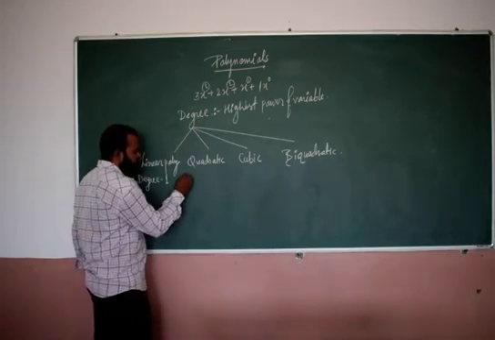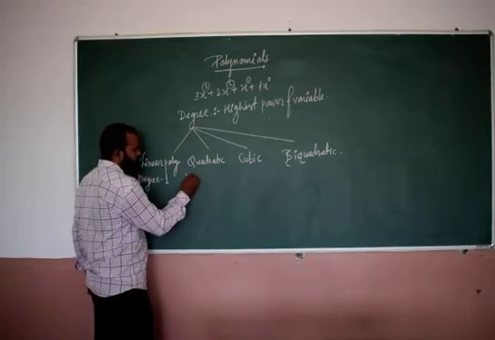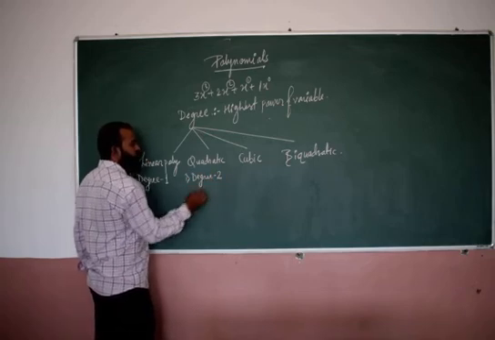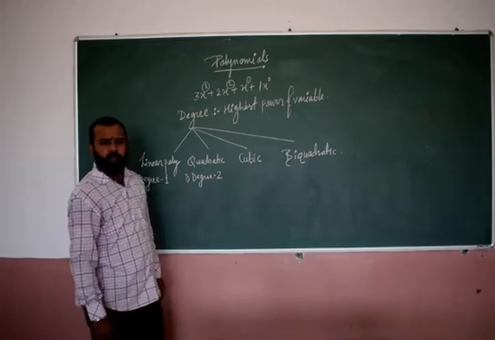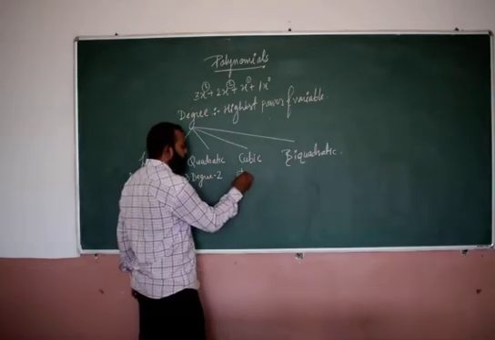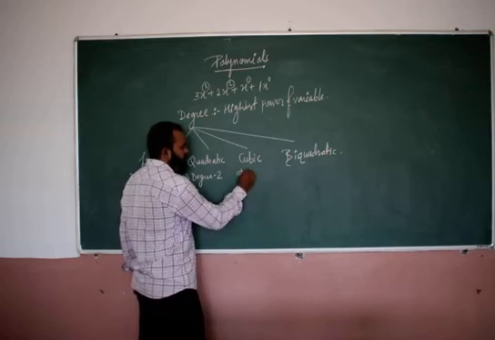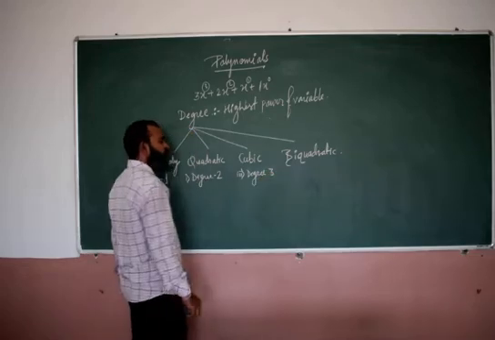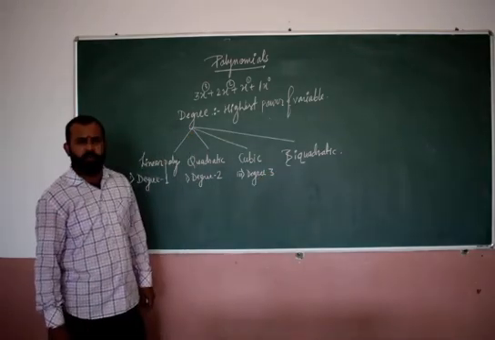Here the polynomial having degree 2 is called a quadratic polynomial. Third, the polynomial having degree 3 is called a cubic polynomial.